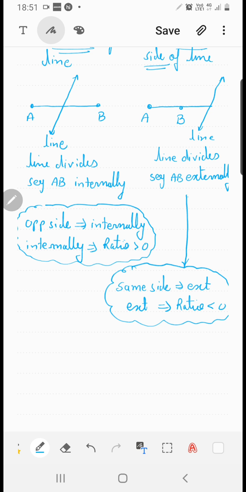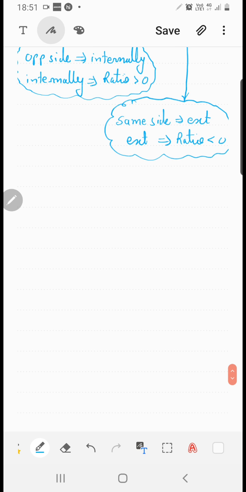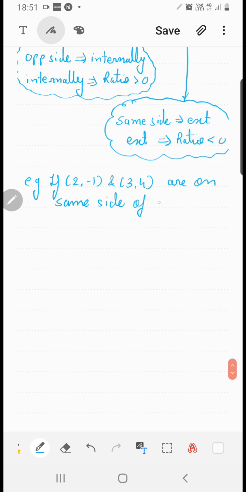Okay, so to make you understand this, let me take one more small example here. If 2 comma minus 1 and 3 comma 4 are on same side of 3x minus 4y plus lambda is equal to 0, then find lambda. If you see, it is similar to the question we just now did.